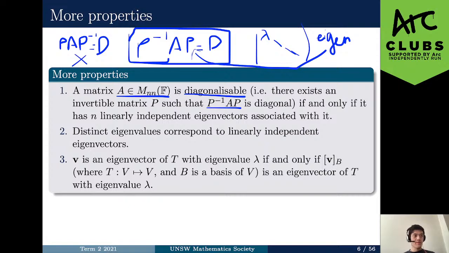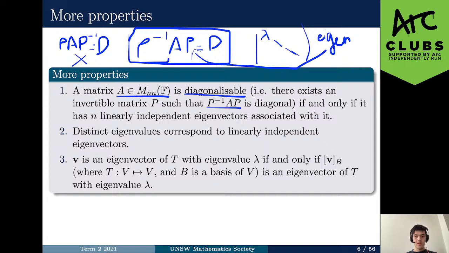So a matrix is diagonalizable if and only if it has n linearly independent eigenvectors associated with it, which is of course in general not true. You guys have already looked at Jordan forms. That's sort of a generalization. Any matrix can have a Jordan form, but not everything can be diagonalizable.